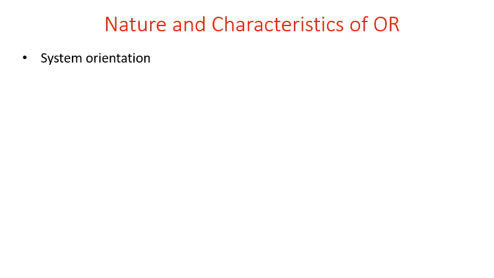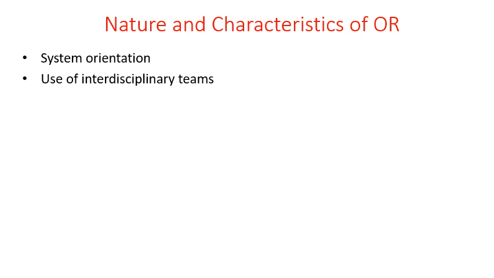So your system orientation, you should be in tune or in synchronization with all other departments in all other functional areas. So system orientation, make use of the system orientation or system concept. Next, use of interdisciplinary teams. Again, use all teams, all the functional areas.